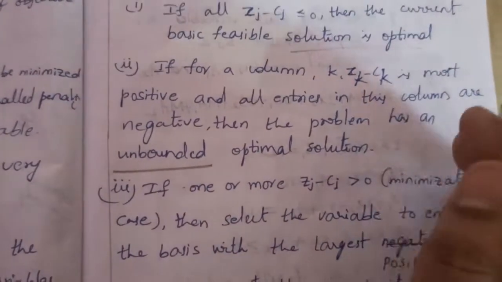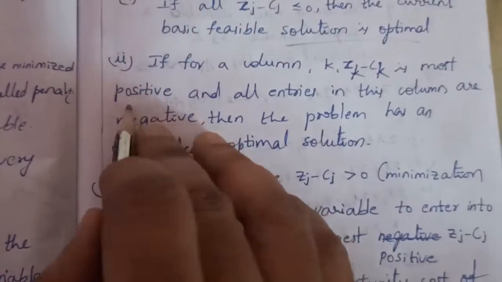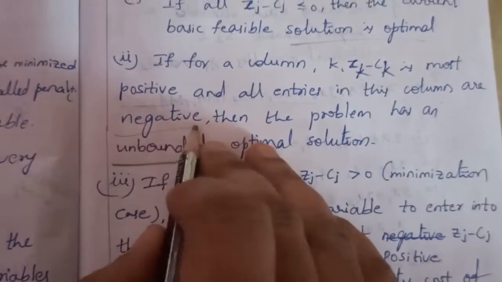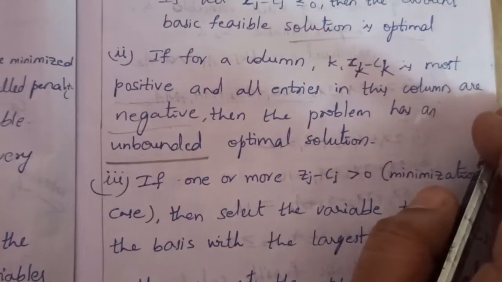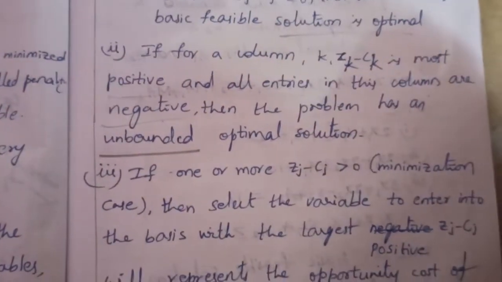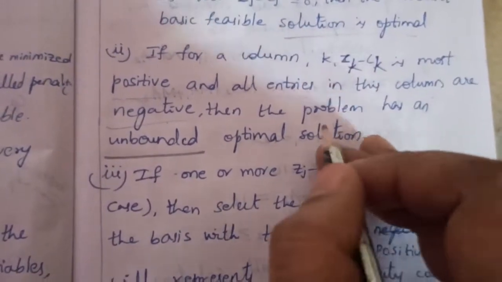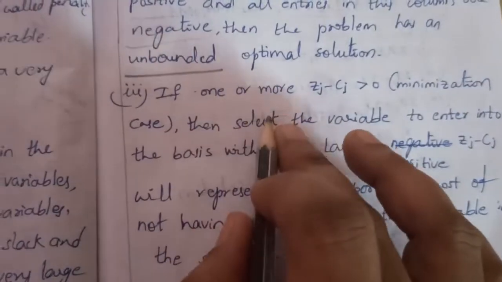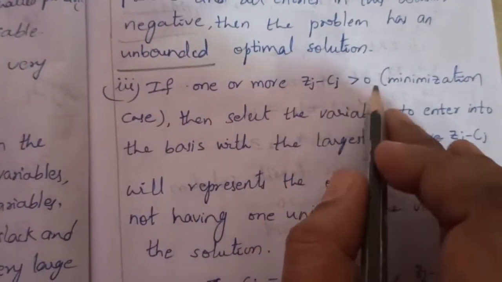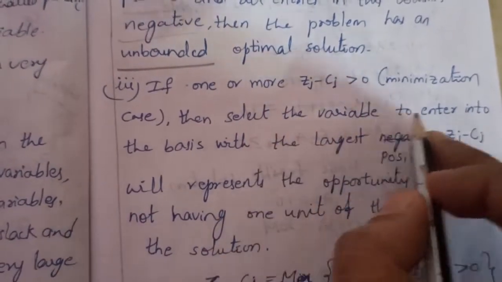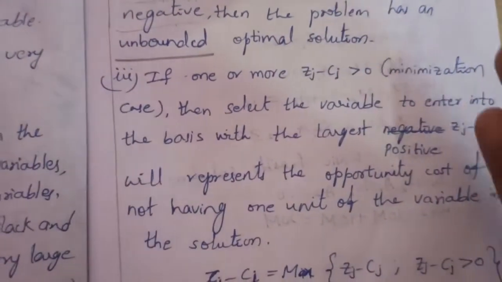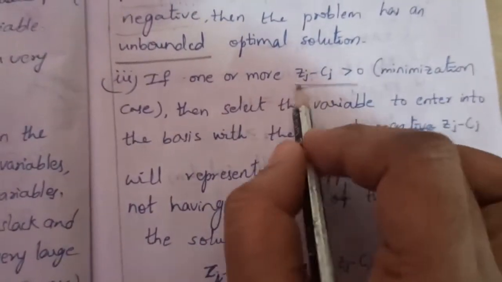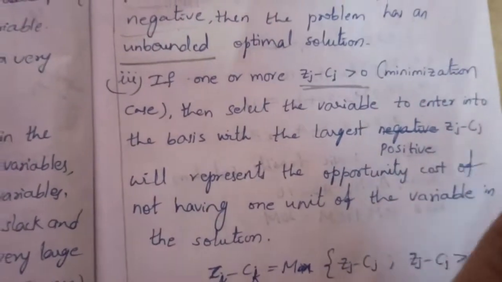For example, if one is most positive and all the remaining entries in the column are negative, at that time the problem has an unbounded optimal solution. And if one or more Zj minus Cj are greater than 0, then the selected variable enters into the basis and we take the next iteration.